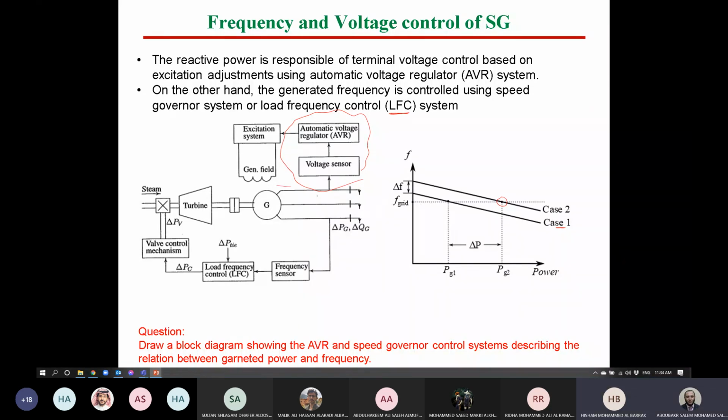Primary control and secondary control are like a classification of control stages. Okay? Primary control, secondary control, or we can say master control and slave control, whatever. This is just a classification for control stages. The frequency control of a power system is the same as what we are discussing now.